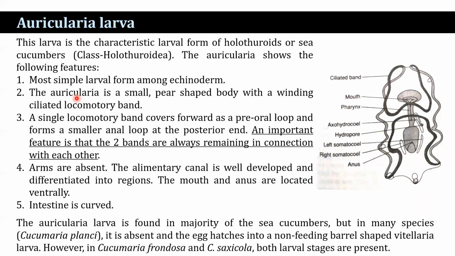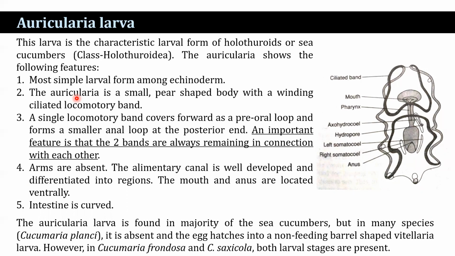They have the body elongated along the oral-aboral axis, oral podia modified as tentacles, and skeleton reduced to microscopic ossicles. These are the basic features of class Holothuroidea, and the auricularia larva is the characteristic larva of class Holothuroidea.